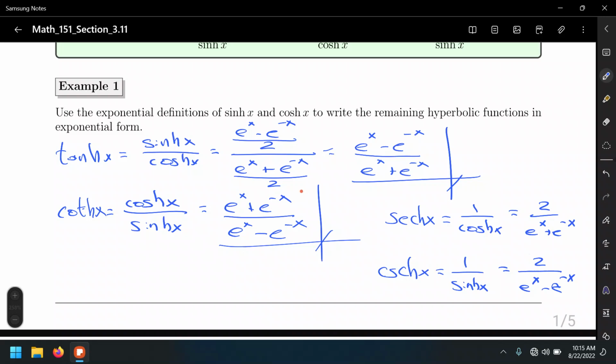So you might wonder, why do we need to know these definitions in terms of exponentials? Well, number one, when we compute values or calculations using these hyperbolic functions, if you're using a calculator, for example, not too many calculators have the ability to compute hyperbolic functions directly.